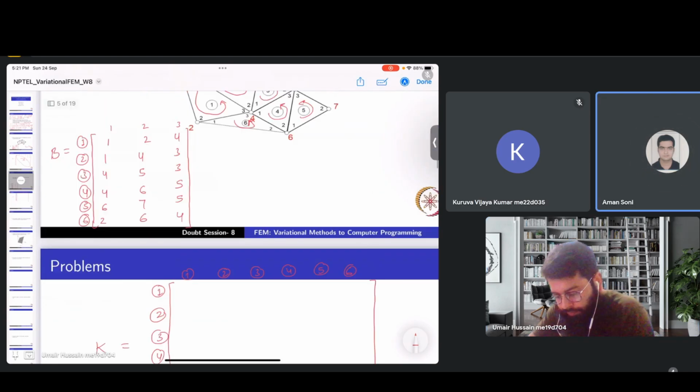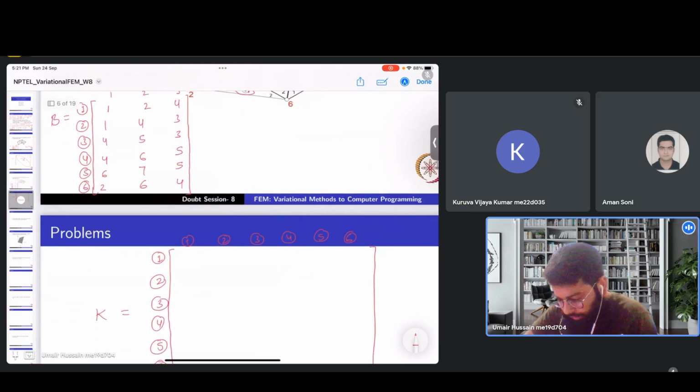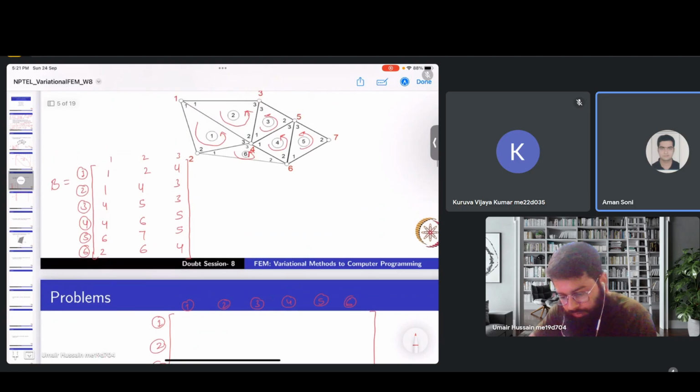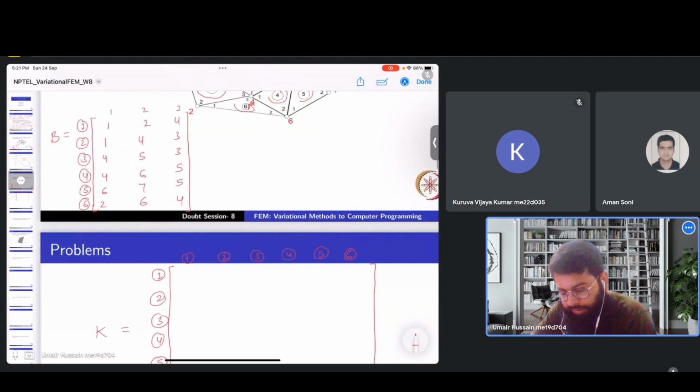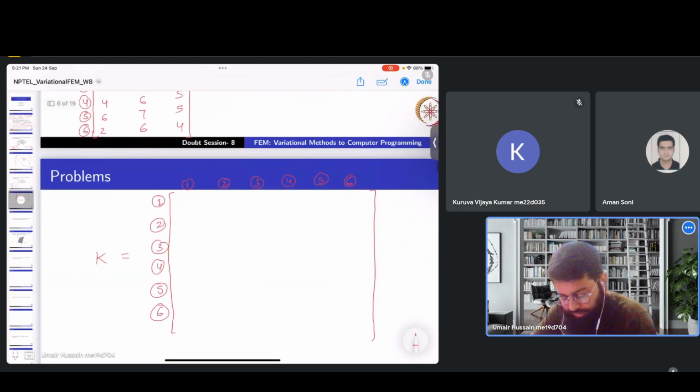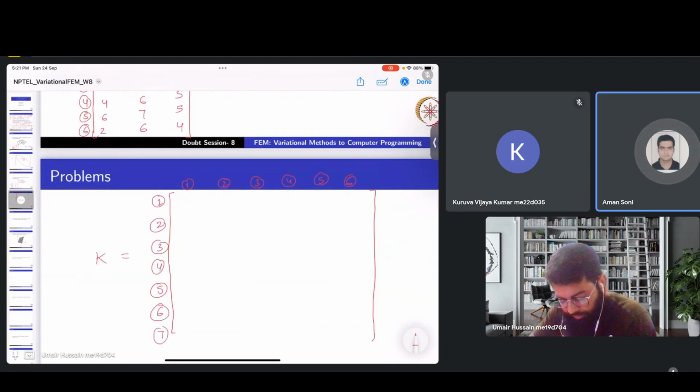Okay, so we'll start with 2 4. 2 4 is present in only element number 1 and element number 6 also. Oh, sorry, it should be 7 by 7. The global nodes are 7.